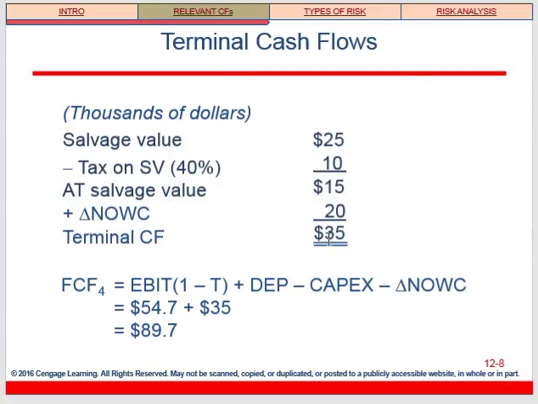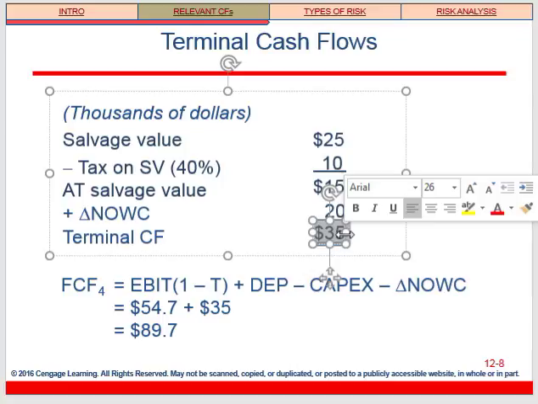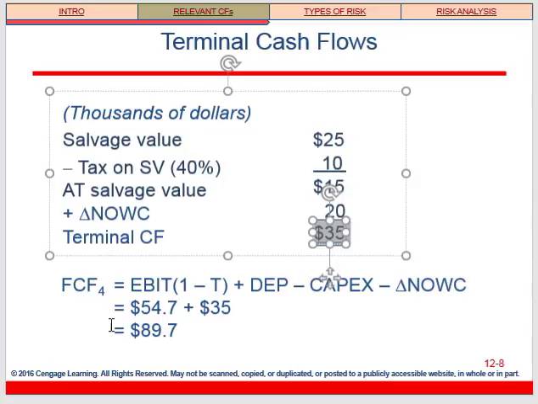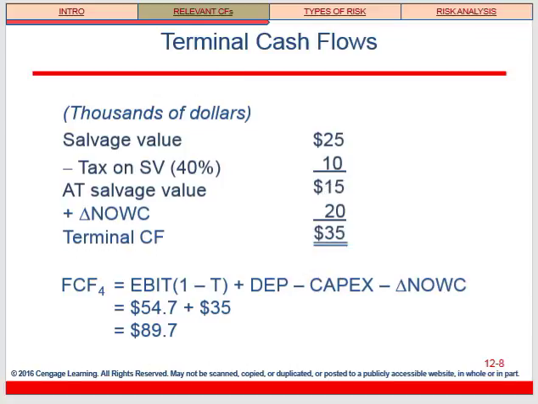So terminal cash flow turns out to be $35,000. Now, our cash flow for year 4 turns out to be $89,700 if we take all these into account and calculate the terminal cash flows too.